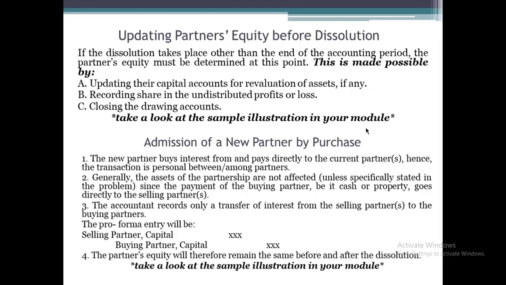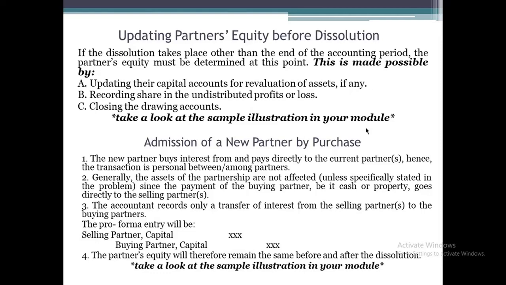Like, for example, si A saka B, si AB partnership, i-admit nila si C or isasama nila si partner C sa kanilang partnership. So, magiging partnership na nila is A, B, and C. Madi-dissolve yung AB partnership, magiging ABC partnership na siya. So, isasama na nila yung pangalan ni partner C doon sa Articles of Co-Partnership.